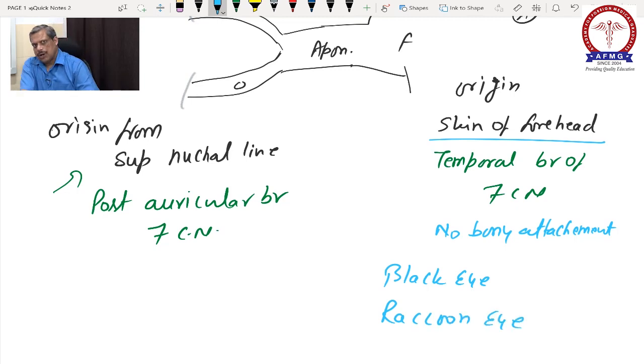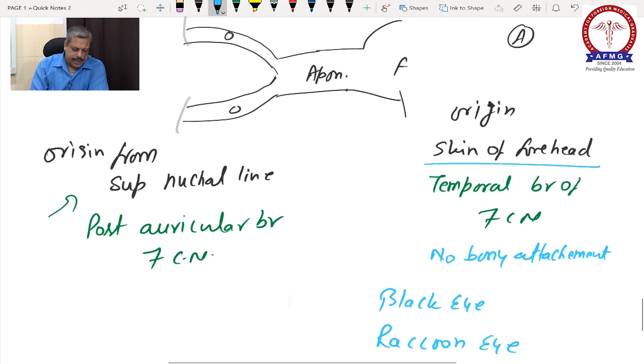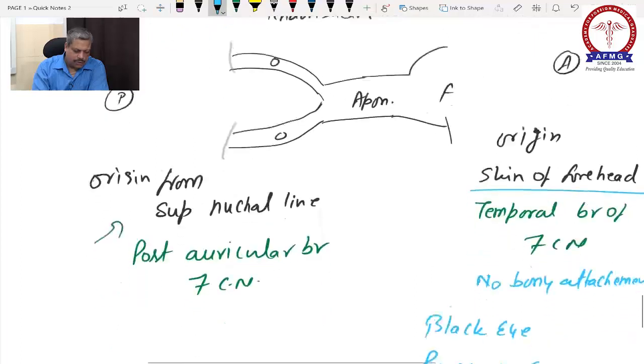This is the black eye if injury occurs in the frontal belly of occipitofrontalis muscle, because it takes origin from the skin of the forehead, so the blood will settle down around the orbit. Clear? So this is about the third layer of the scalp.